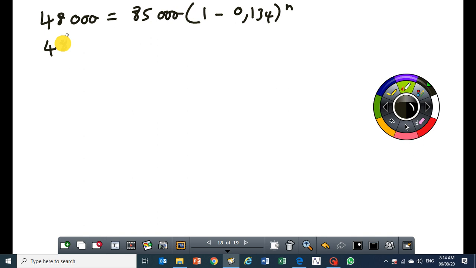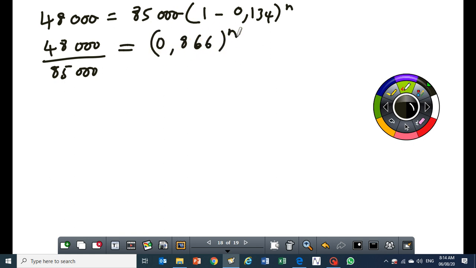So you have got 48,000 divided by 85,000. That will give you what? If you subtract these two, what do you get? 0.866. All right, power of n. These two will give you 48 over 85. That's 0.866 raised to the power of n.